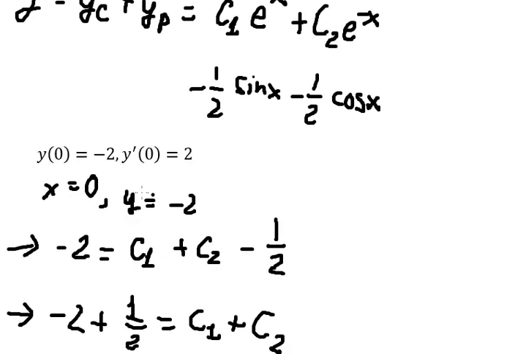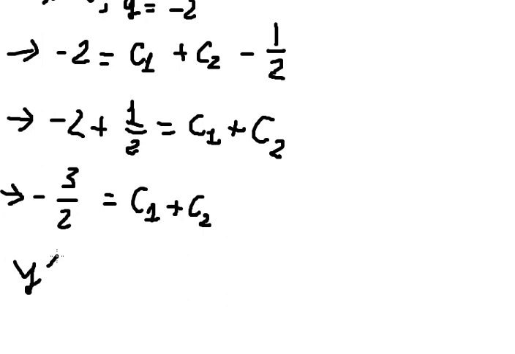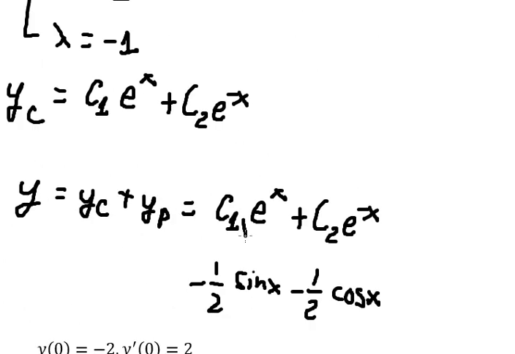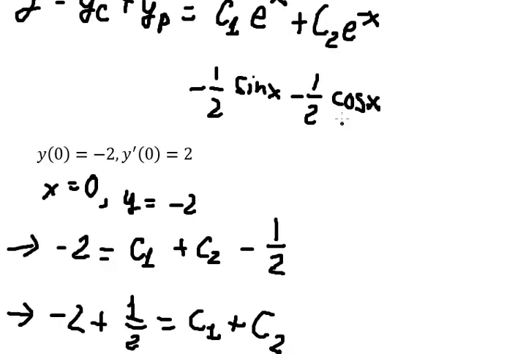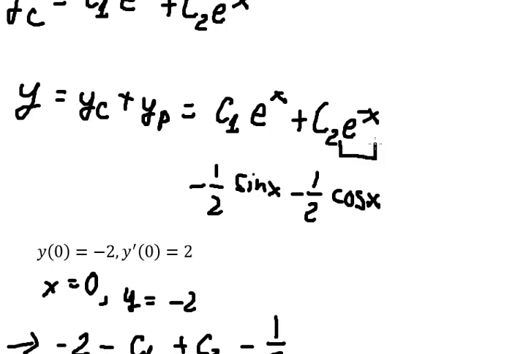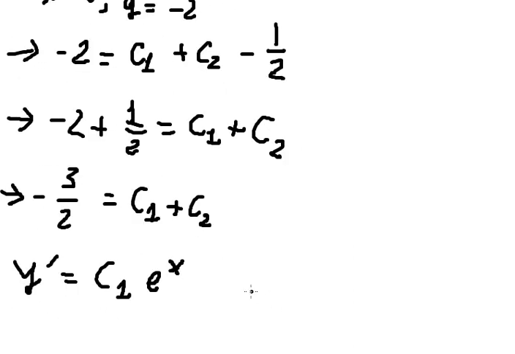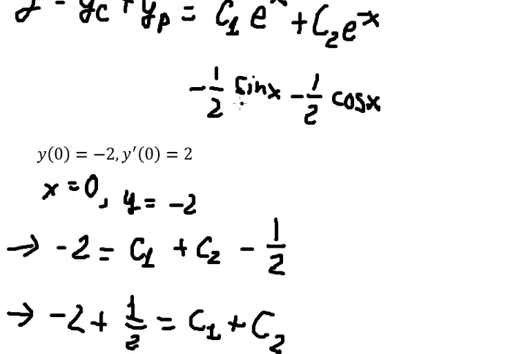Now, let's go to the first derivative of y. The first derivative of e to the power of x, we keep the same e to the power of x. The first derivative of this one is negative c2 e to the power of negative x. This one is cosine x.